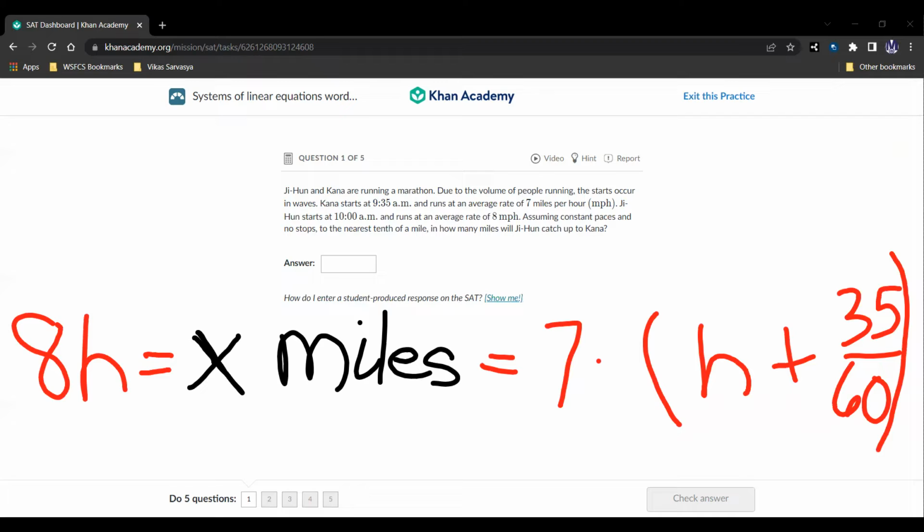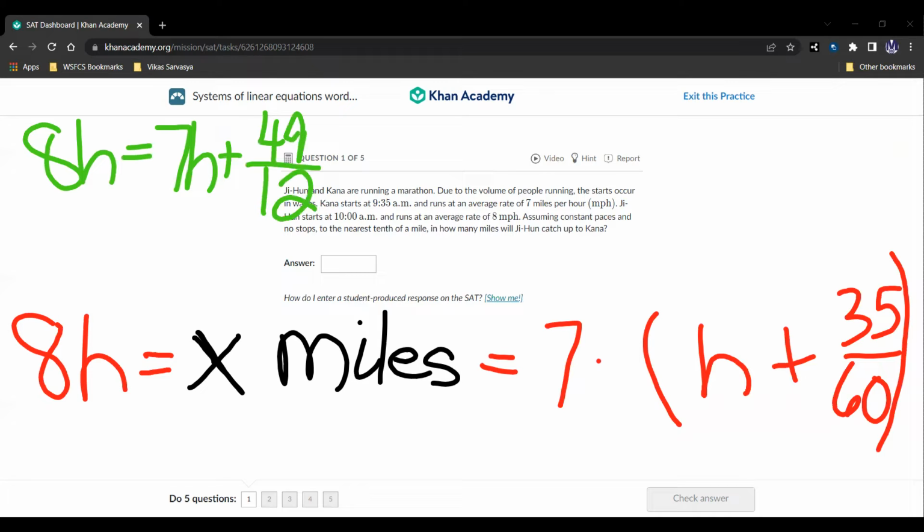So essentially, we can get rid of this x in the middle and just say 8h equals 7h plus 7 times 35 over 60, which is 7 over 12. So 7 times 7 over 12 is 49 over 12. And that means that h is going to be 49 over 12. Now we can substitute that 49 over 12 as h and evaluate it.